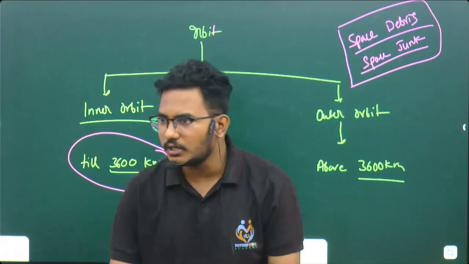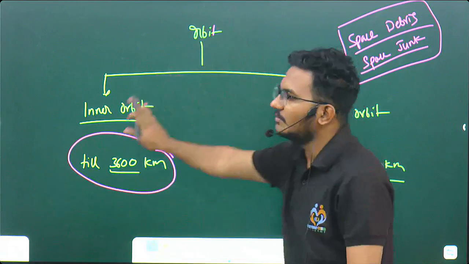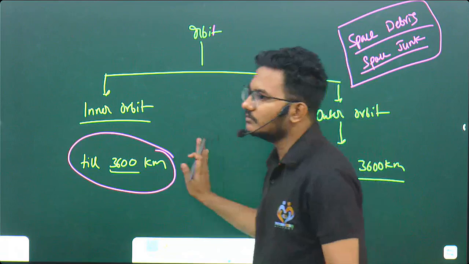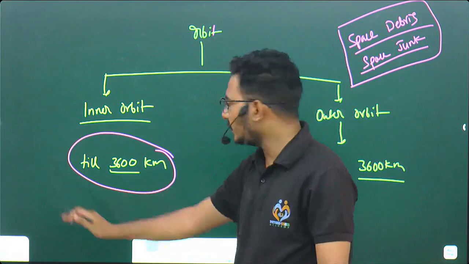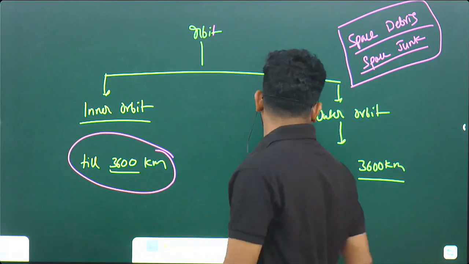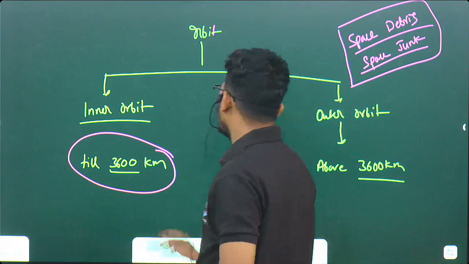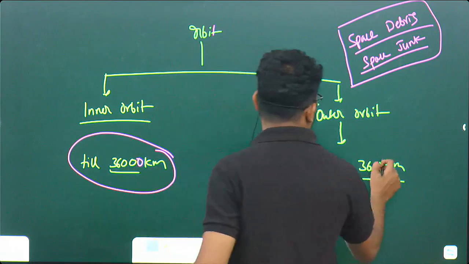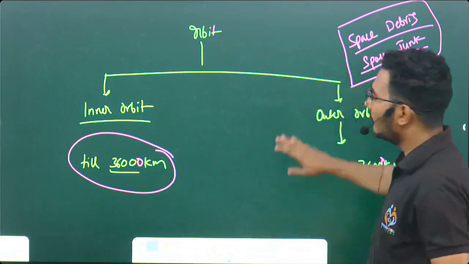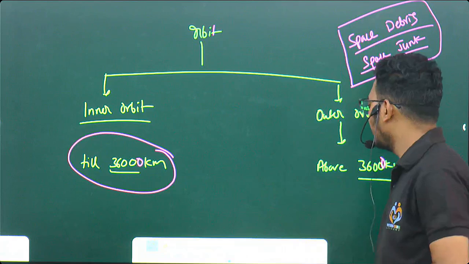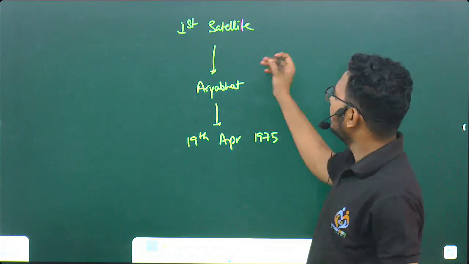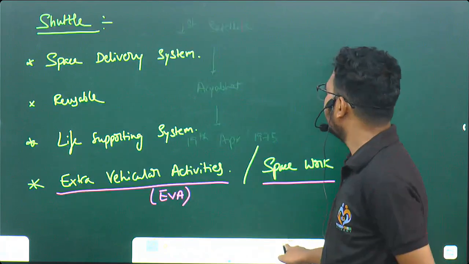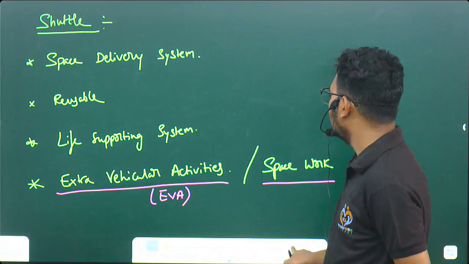And then I told you about orbits. Orbits will be inner and outer: inner means below 36,000 and outer means above 36,000.